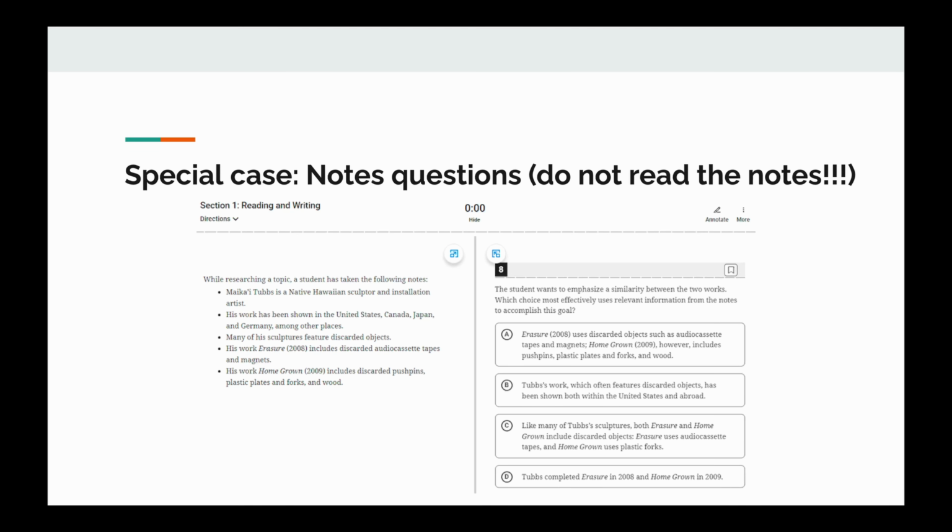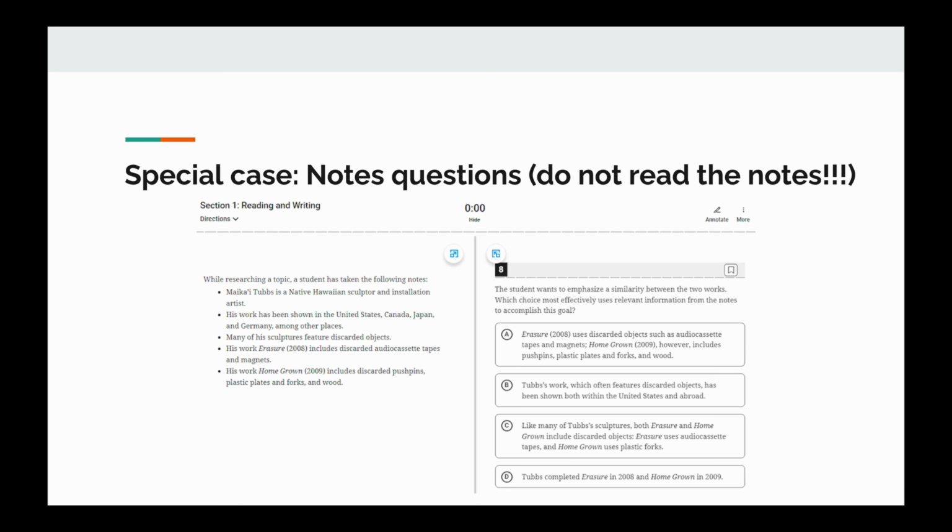I said only the first half because the second half is going to be exactly the same for every single notes question. The second half will be which choice most effectively uses relevant information from the notes to accomplish this goal. And this will be exactly the same for every single notes question. The only part of the question that's going to be different is the first part. And that's the only part you need to answer the question.